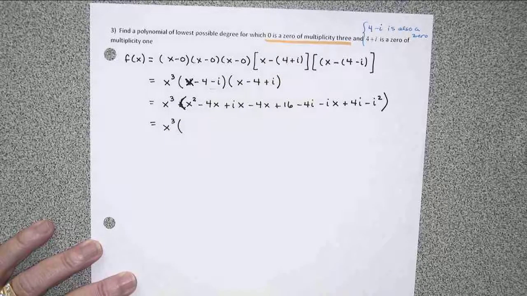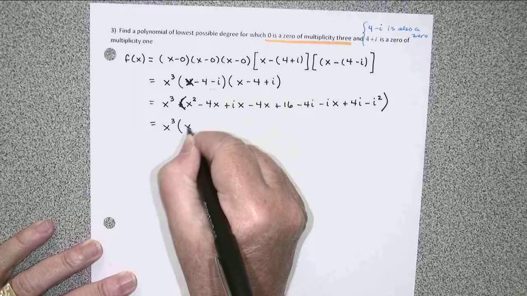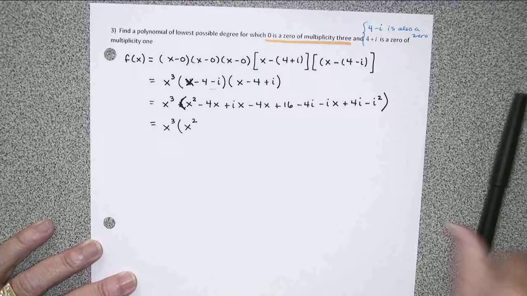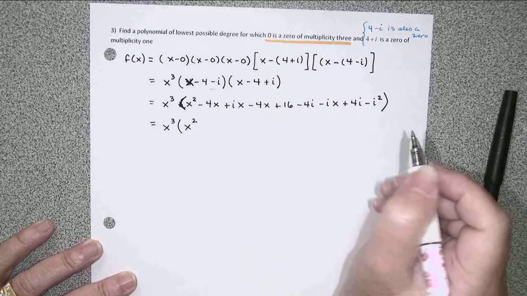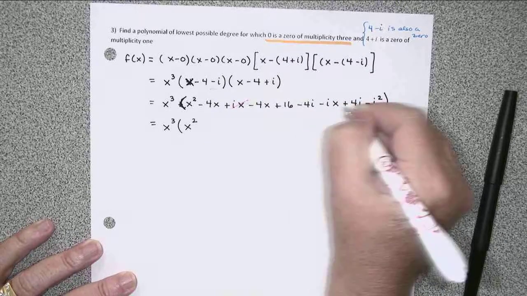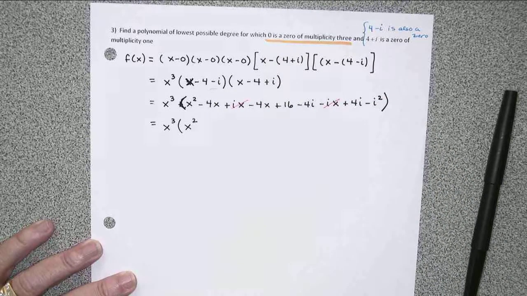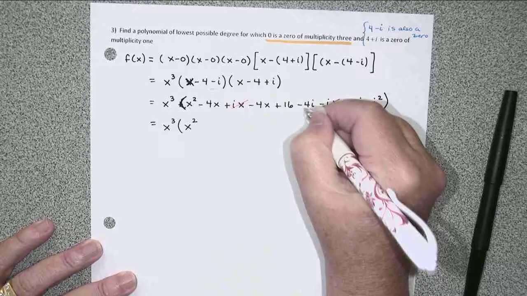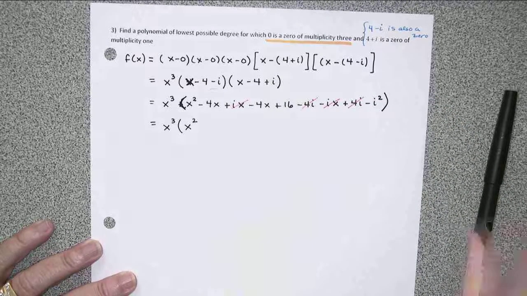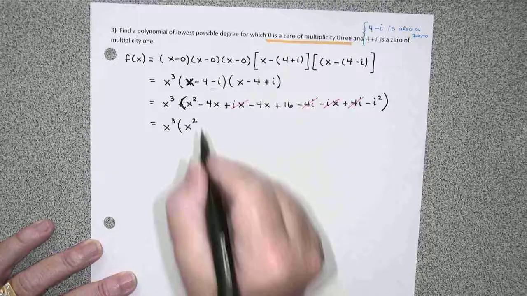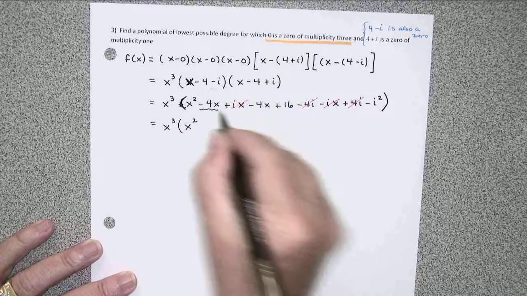All right, let's see what we've really got here. I've got an x squared for sure. And then there are some things I can get rid of. The positive ix and the negative ix add up to 0. The negative 4i and the positive 4i add up to 0. So that's all good. Then I've got a negative 4x and another negative 4x.